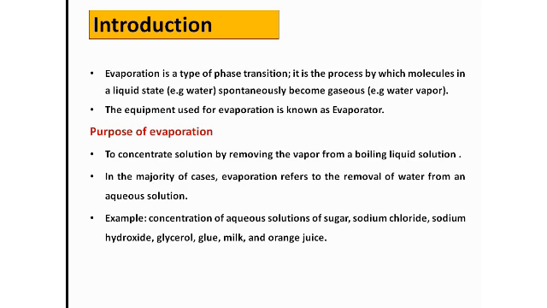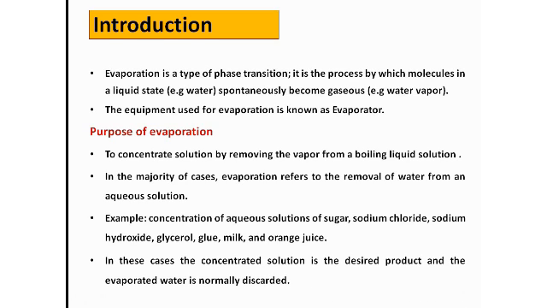For example, the concentration of aqueous solution of sugar, as I already told you, sodium chloride, which is common table salt, sodium hydroxide, glycerol, glue, milk, orange juices, etc. So in these cases, the concentrated solution is the desired product, right? Sometimes when we need a product which is sweeter, in such cases we will simply evaporate the less sweet solution to make it a sweeter solution by concentrating it, right?